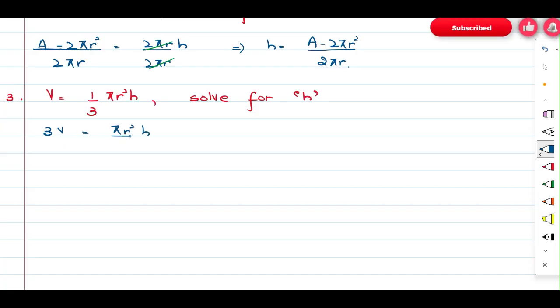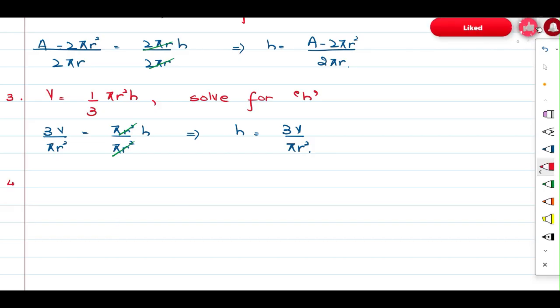To solve for h, divide both sides by pi r square. Pi r square and pi r square cancel out, and you will get h equal to 3v over pi r square. Now this is h in terms of v and r.